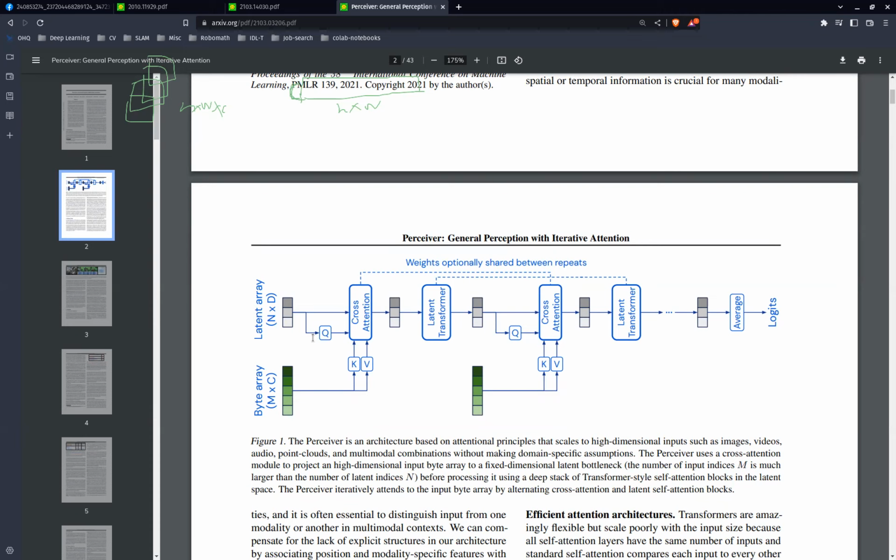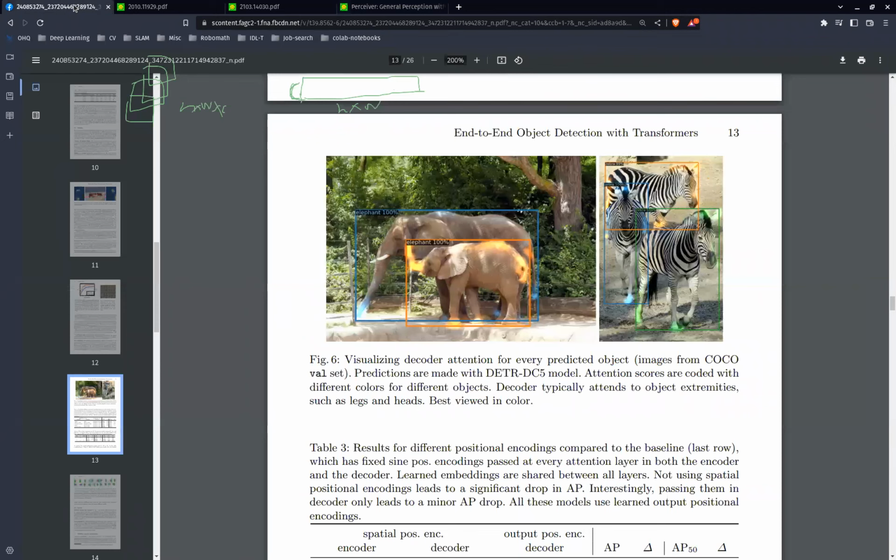What they try to do in this architecture is beat that by passing the inputs as keys and values through cross-attention, and then passing the output into the latent transformer. So they try to solve the issue of large inputs.